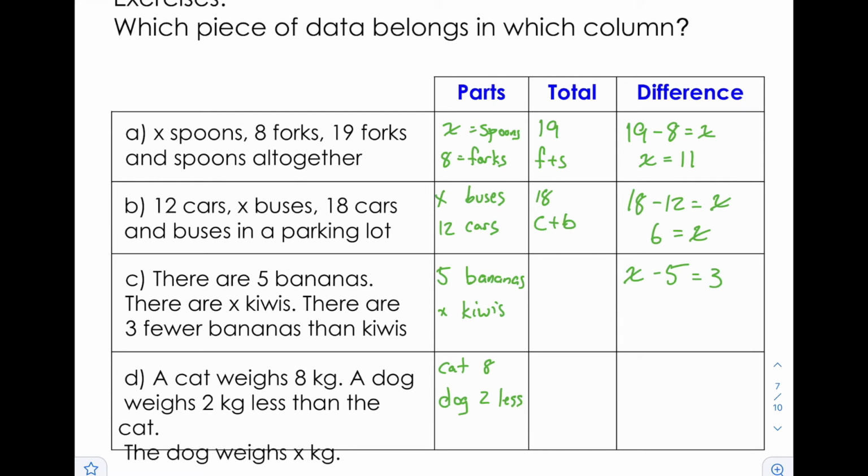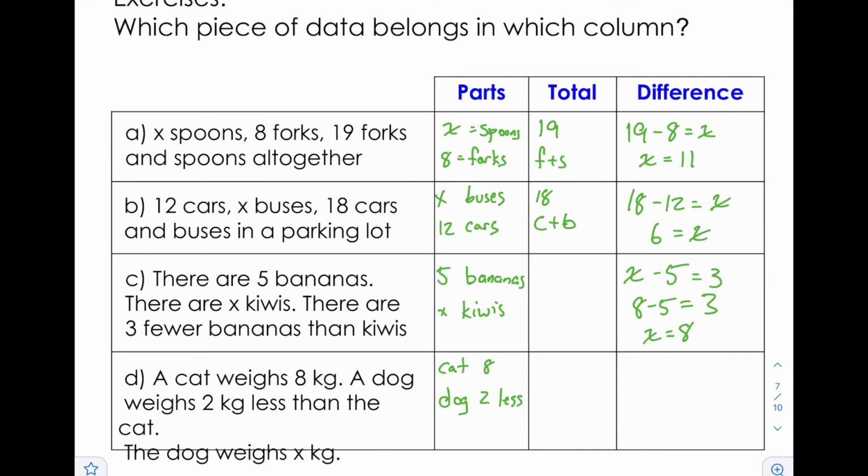So what minus 5 is equal to 3? Well, 8 minus 5. 8 minus 5 is 3. So x, the number of kiwis, is 8. So let's just go back here and check. Are there 3 fewer bananas than kiwis? Well, yes, 5 is 3 fewer than 8.